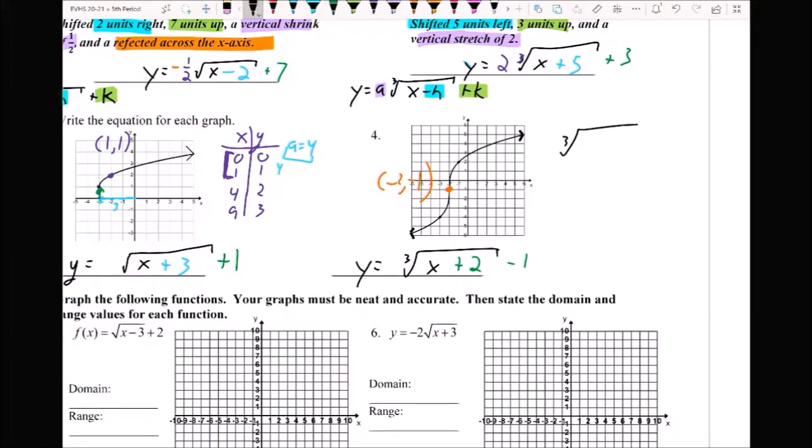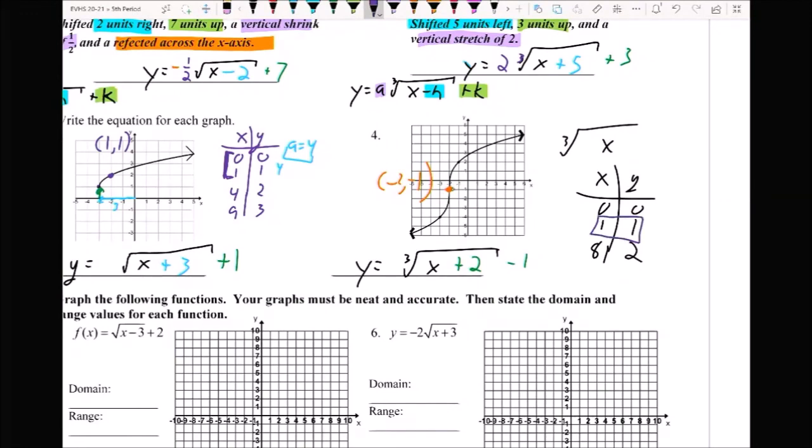And now again, let's think about our XY chart. I'm not going to do the full thing out, but if I did 0, 1, sorry, it's cubed root. So 0, 1, and 8. Cubed root of 0 is 0. Cubed root of 1 is 1. Cubed root of 8 is 2. And so again, my normal parent function, the point is 1, 1.